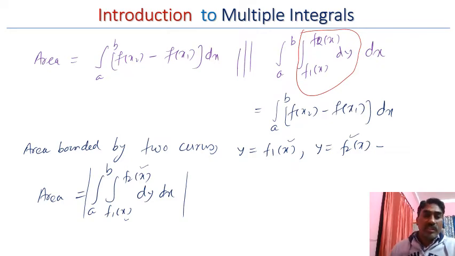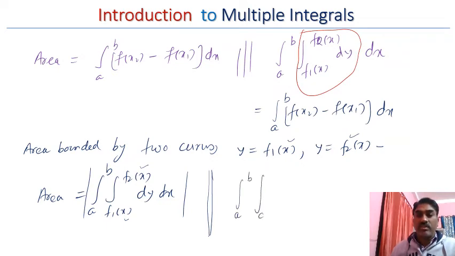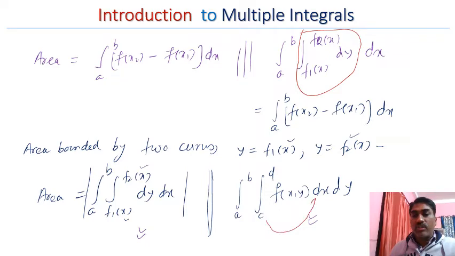And one more thing that you must know is that in double integrals there is a convention of ordering. Ordering means the integral from a to b, c to d, f(x,y) dx dy. So there are two integrals, one is the area integral here you can see, and this is also an area integral, but the limits are constant. So if limits are constant, we perform the integral according to the order.